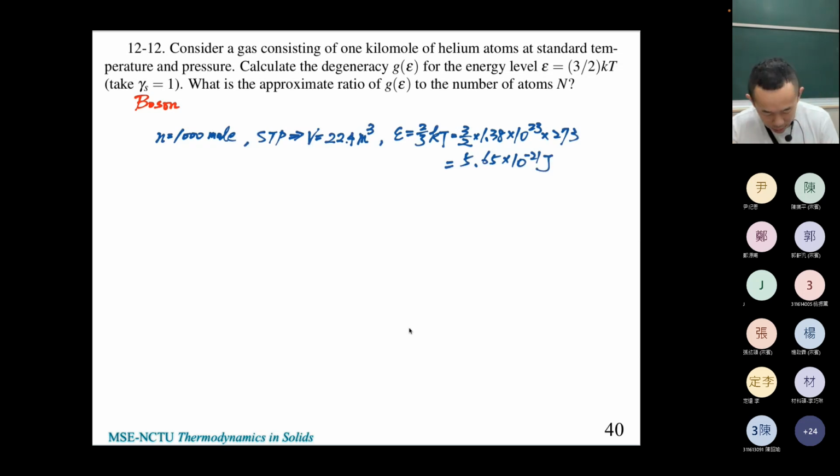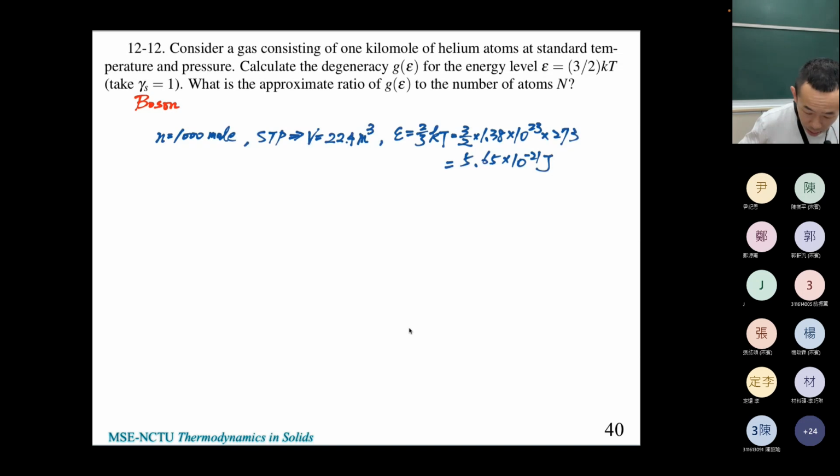So you have N equal to 1 kilomole, STP indicating volume of 22.4 cubic meters, and epsilon is 5.65 times 10 to minus 21 joule.